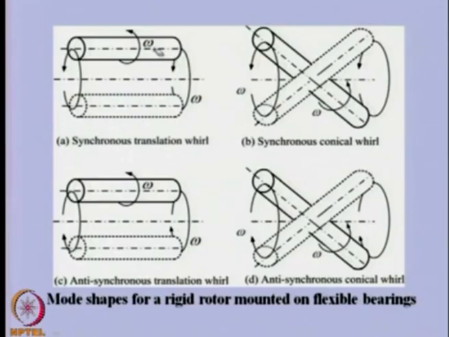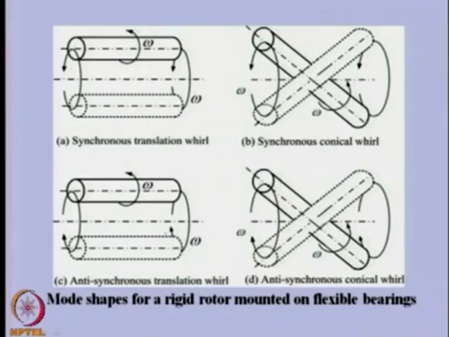Initially I have shown that they are the same. We will see that for some conditions the whirling direction and the spin direction may be different. In the third case, the spin direction is still counterclockwise, but the whirling direction is clockwise.